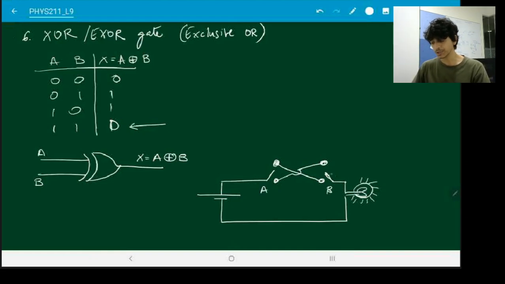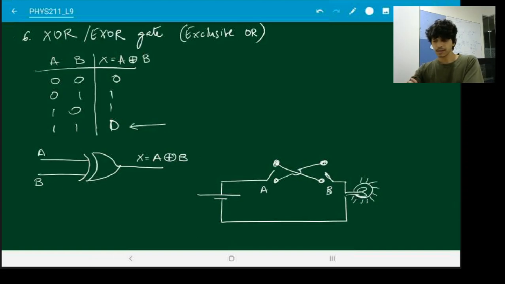So here are two switches. If you want the bulb to light up, then one of the switches has to be up and the other switch has to be down. Or the first switch has to be down, the second switch has to be up. If both are up or if both are down, then this circuit is not going to close, the bulb is not going to light up. So this is one way of representing an XOR gate.